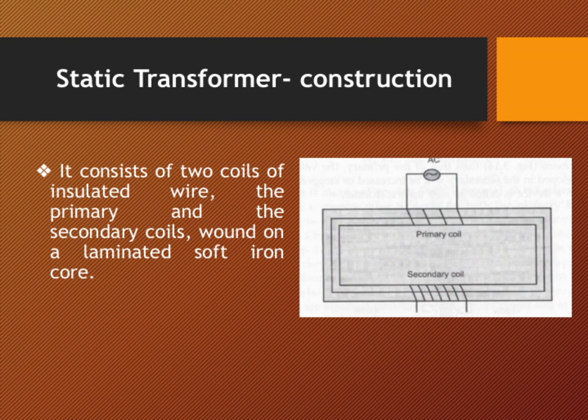This design allows the transformer to transfer electrical energy from one circuit to another with minimal loss, which is the core principle behind how transformers work in power systems. So, understanding this construction is fundamental to grasping how transformers efficiently step up or step down voltages in real-world applications.